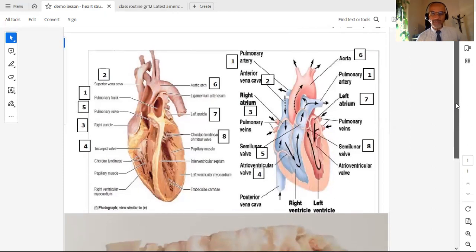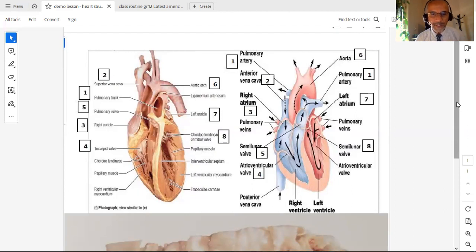So here we have a diagram of the heart on our right side, and at the left side we have a real mammalian heart, just to contrast the different structures, all right? So here, let's take a look over some numbers just to bring us up to speed as far as work is concerned, all right?